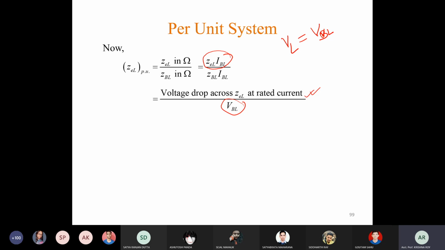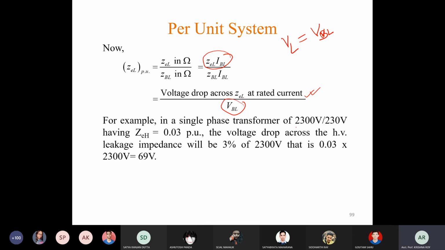What information can we get from this expression? We can directly calculate the voltage drop across any leakage impedance if the per unit value of that leakage impedance is given. See, for a single phase transformer having the voltage rating 2300 volt by 230 volt, the high voltage side voltage rating is 2300 volt and 230 volt is the low voltage side voltage rating.